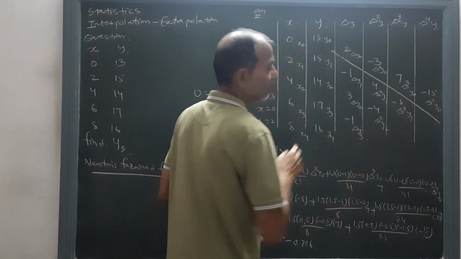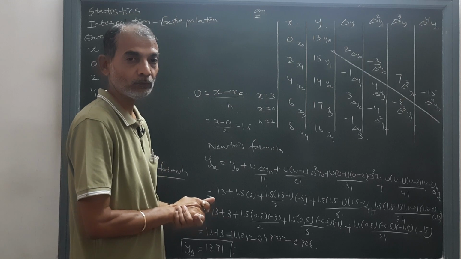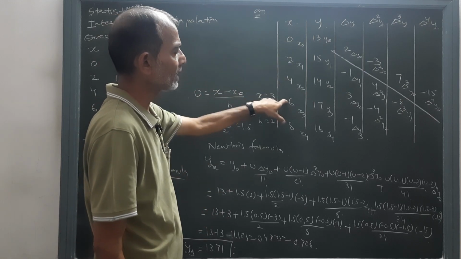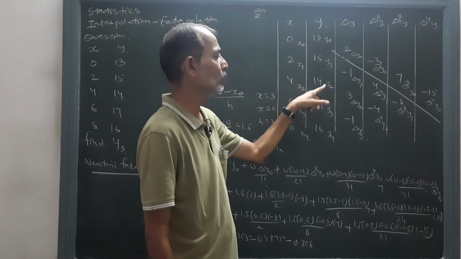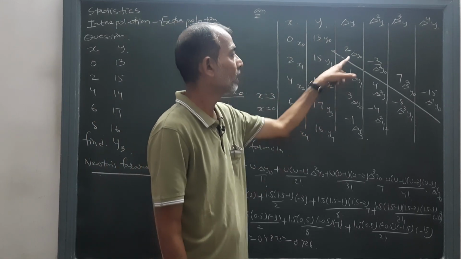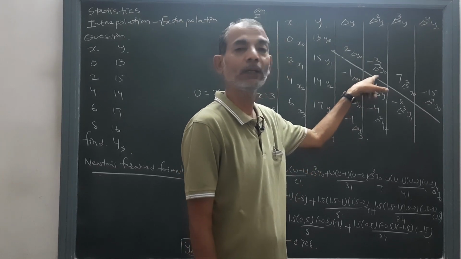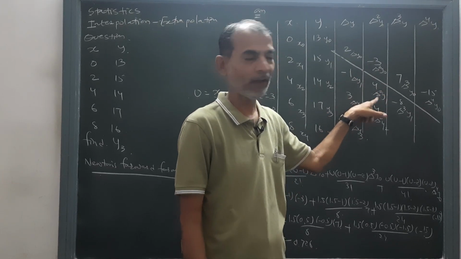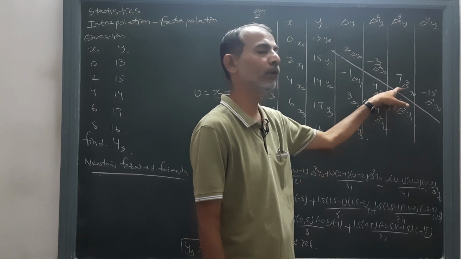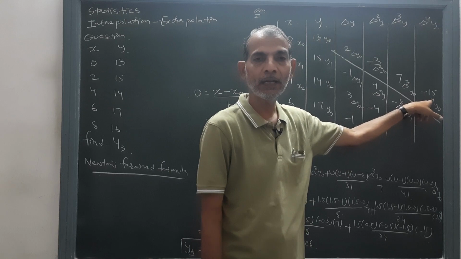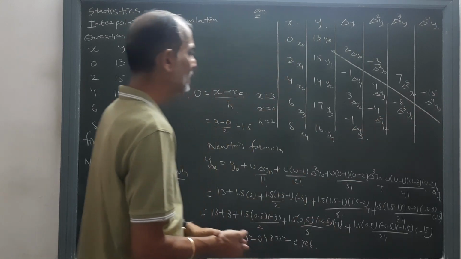The differences of the first level are to be used. As I first explained, these values are x0 to x4, y0 to y4, delta y0 to delta y3, delta square y0, y1, y2, then delta cubed y0, y1 and delta raised to 4 y0.